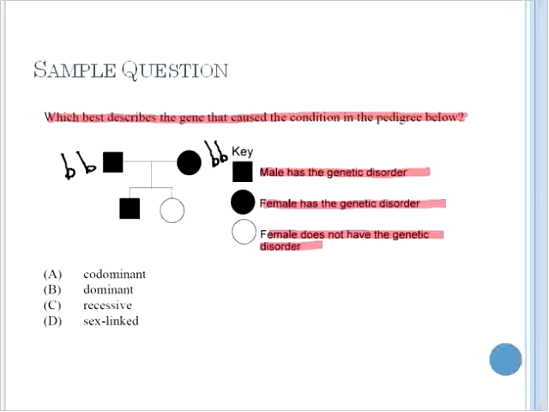If it was dominant, they could have passed on a big B or a little b. Therefore, this trait must be dominant, and both parents are heterozygous.